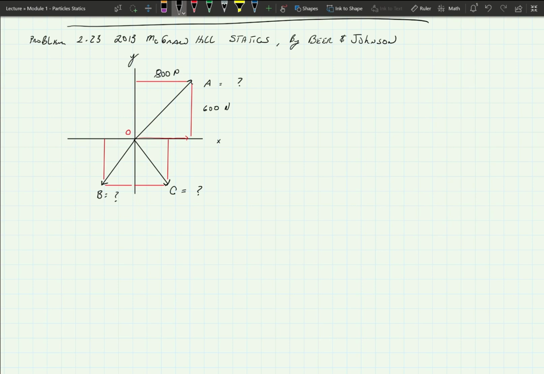All right, this one down here is 900. This is 900. This one here, and I'll do them inside here, is 450 and then 560. 450 newtons, and this is 560 newtons. And there's a newton there.